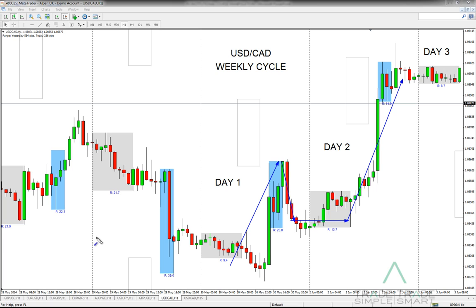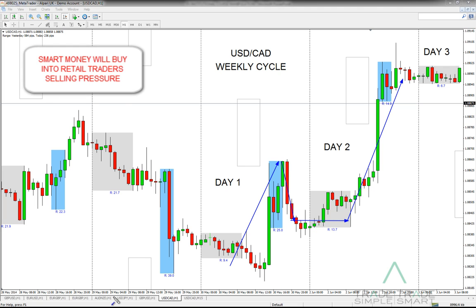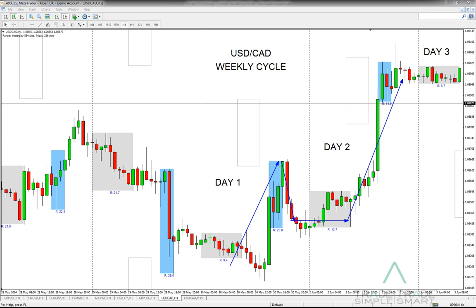Okay, so in terms of the Japanese session, we'll be looking for levels of support and levels of support at other levels where once they're broken, retail traders will believe that the market is going to move to the downside. Smart money will then absorb these sell orders and push the market up for the third and final leg.